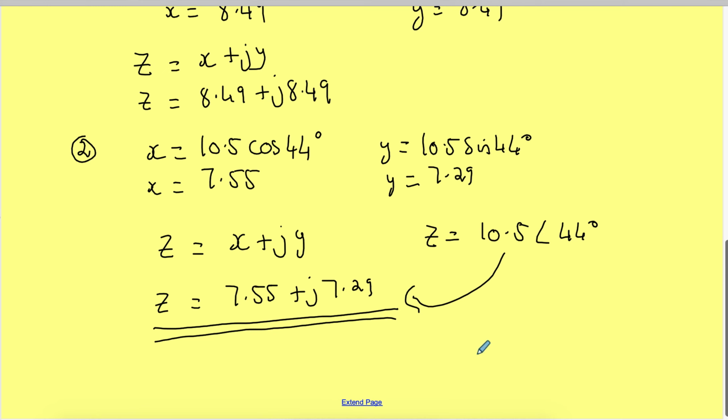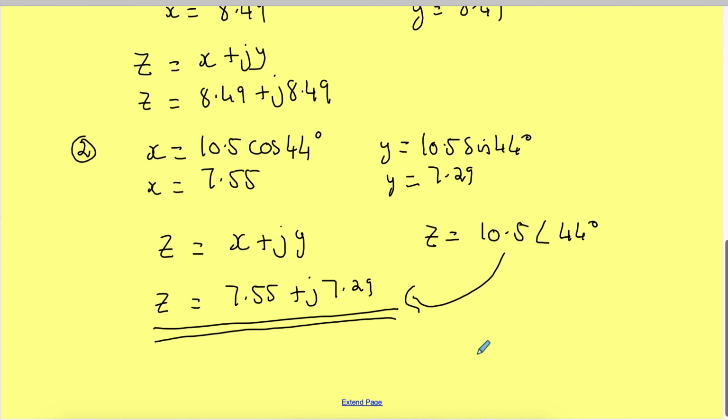Simple as that. But you're going to have to maybe do this 2 or 3 times in a question. You might have to go from rectangular to polar, then do some stuff in polar, and then go back to rectangular. Might be the other way around. You might have numbers in polar form. You need to go to rectangular to add them or subtract them because you can only add and subtract complex numbers in rectangular form. So you're going to have to do this.